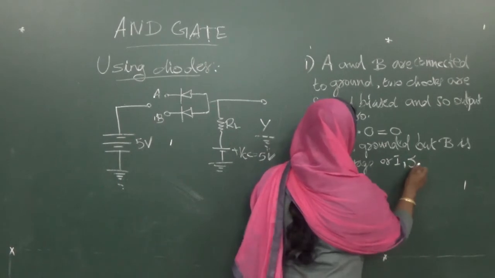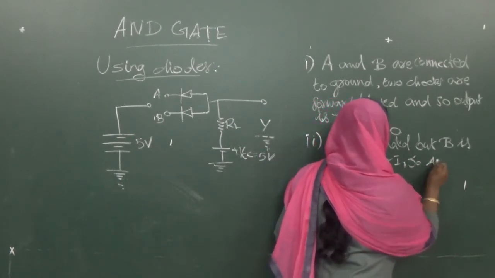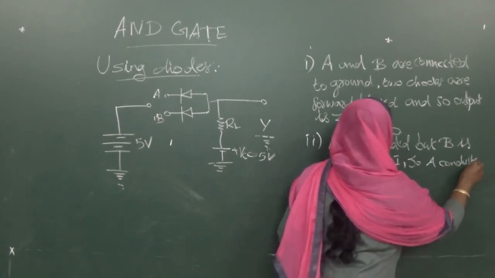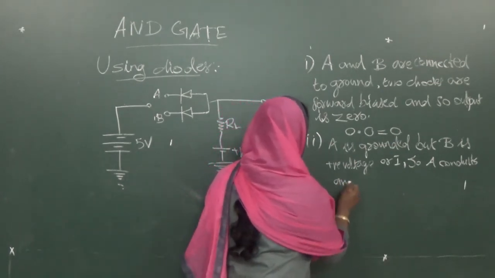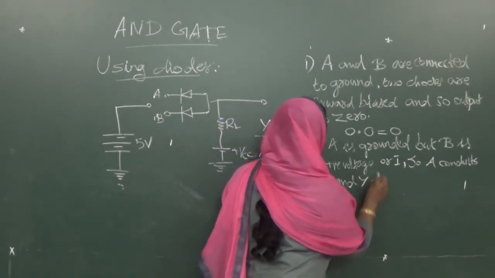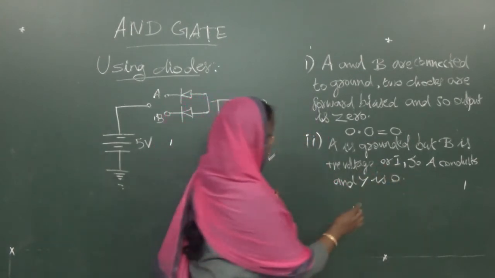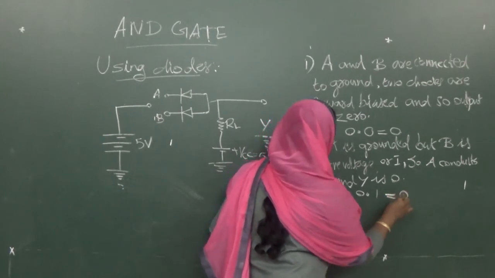So A conducts and Y is 0. That means 0 and 1 equals 0.